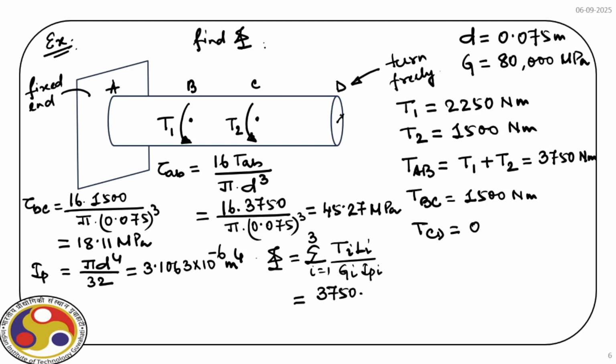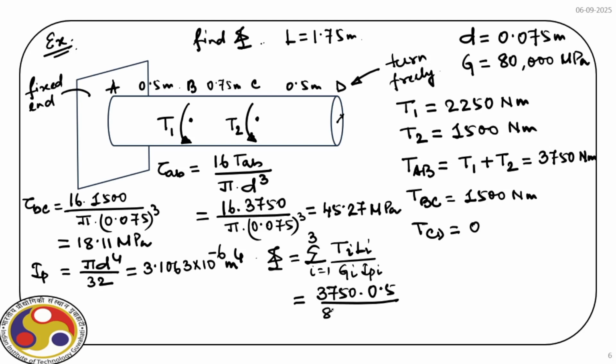The total length is 1.75 meter. So we have here 0.5 meter, 0.75 meter and 0.5 meter. So Li for the first segment is 0.5.